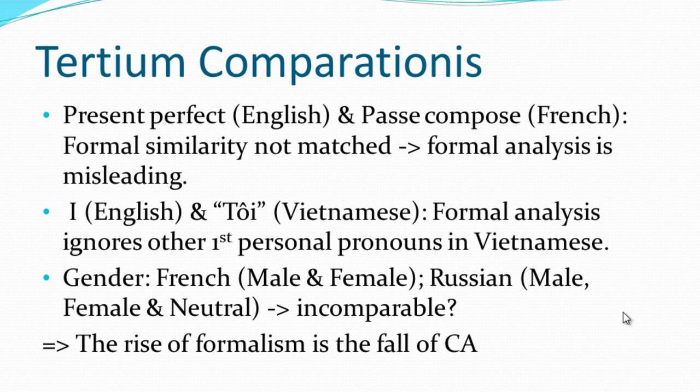When you look at the "I" and "tôi" in Vietnamese, for example, we seem to compare first personal pronouns only, and that can be misleading in that many other references in Vietnamese can also be used as first personal pronouns, right?